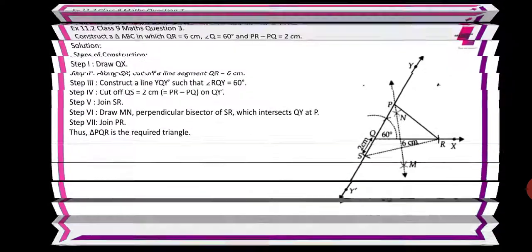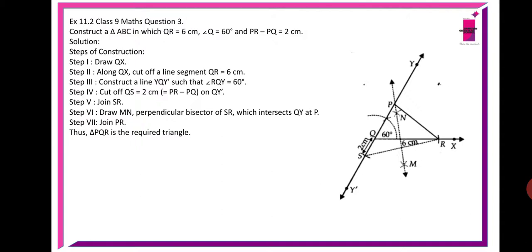Now similarly, if the arm of the base angle is smaller than the other side, then the way of construction will be different. Given base, angle and difference between two sides such that the arm of the base angle is less than the third side.